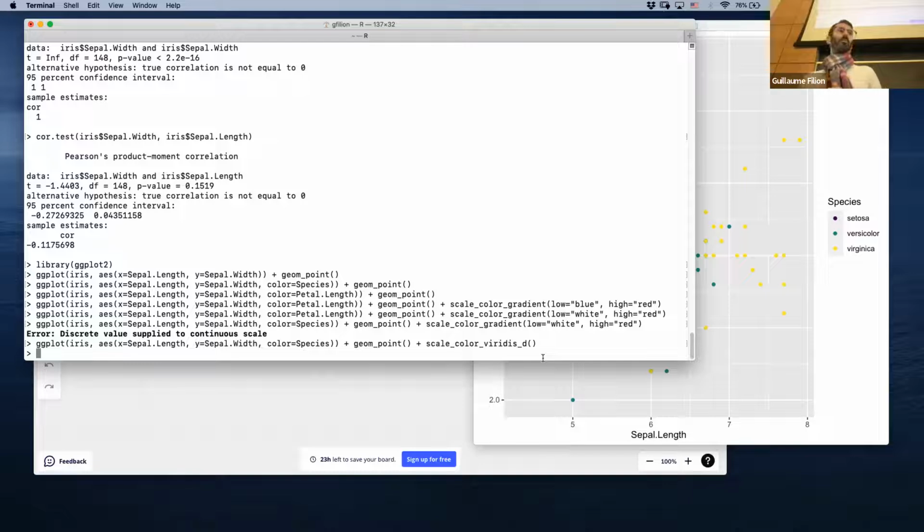I don't know if there's a colorblind person in the audience, but if there is, I'd be very curious how you see viridis, if it's really good for you to see the contrast. So it's been optimized basically to suit the human eye. If you have to use a color map, my recommendation would be to use this one. The package viridis actually comes with 4 color maps, which have the same properties.